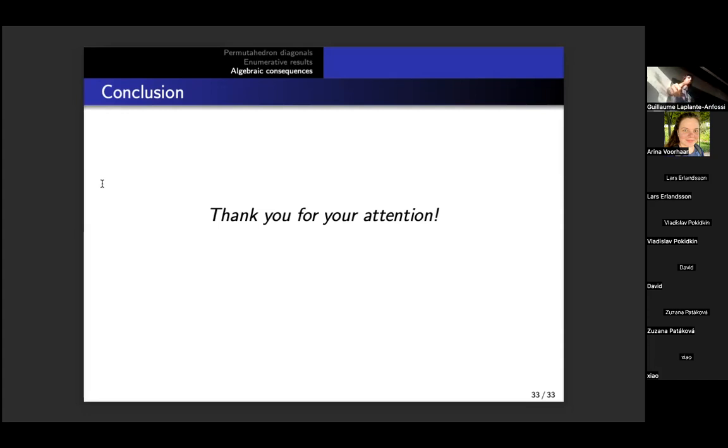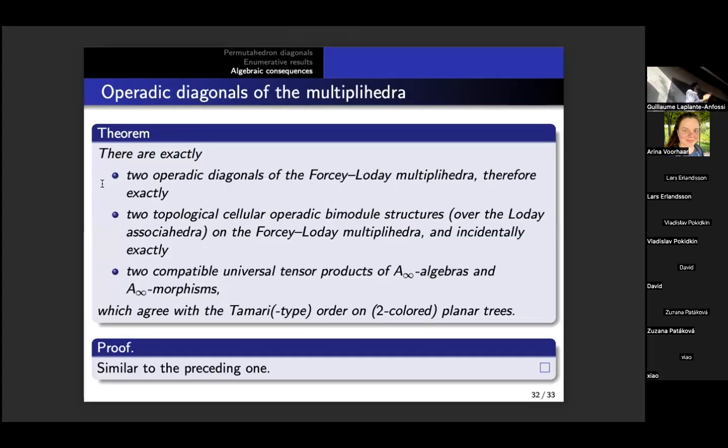And this induces a topological cellular isomorphism of operads. That's really non-trivial. The operad structure is really non-trivial. I hid it completely under the rug, but there's a topological isomorphism between these two.